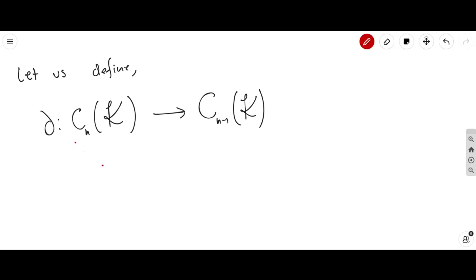Let's just say what these are. This is the free abelian group generated by all oriented n-simplices in K. And this is going to be the free abelian group generated by all oriented n minus 1 simplices in K.